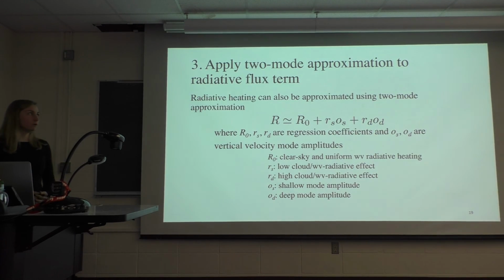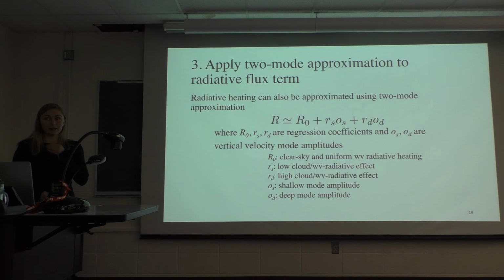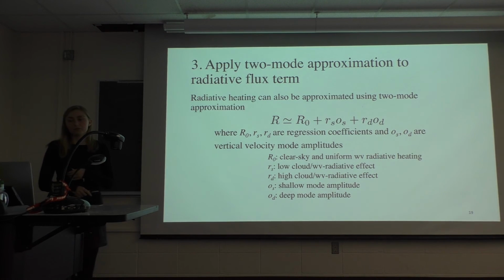That same two-mode approximation can be applied to the radiation term. The radiation term is influenced by clouds and water vapor, and those interactions vary depending on where the clouds and water vapor are in the atmosphere in terms of height. Therefore, it's convenient to have a shallow portion and a deep portion.